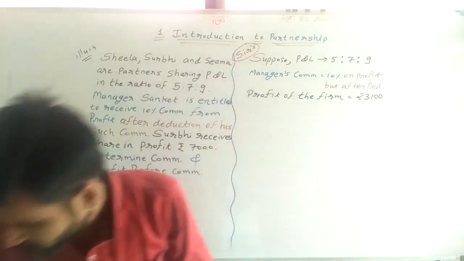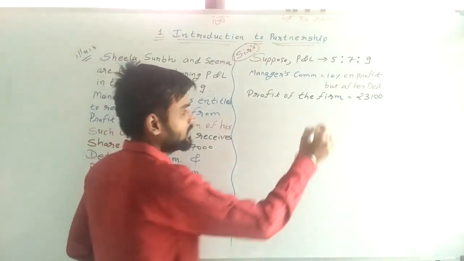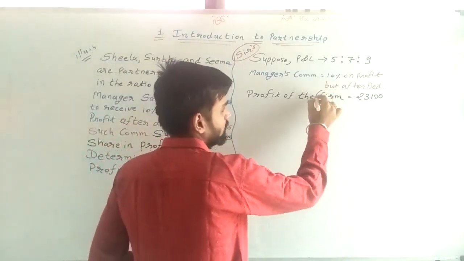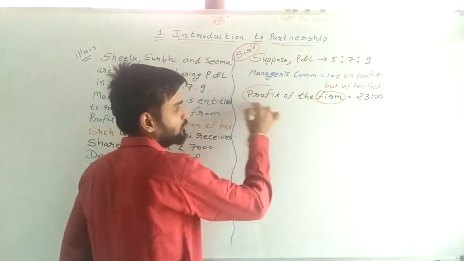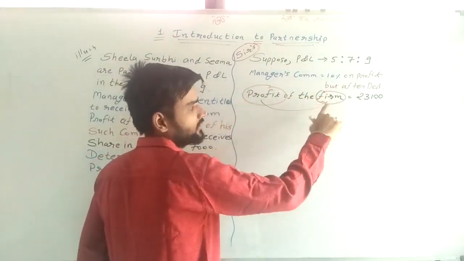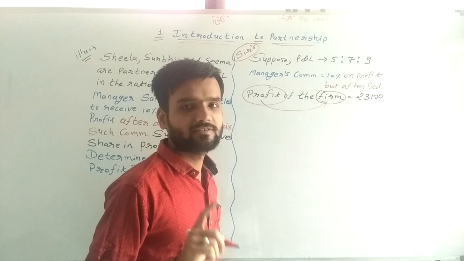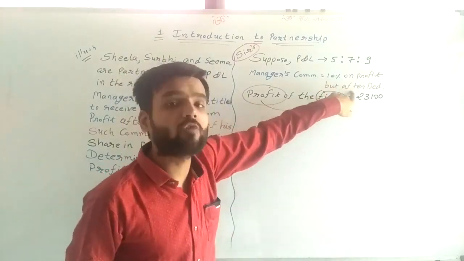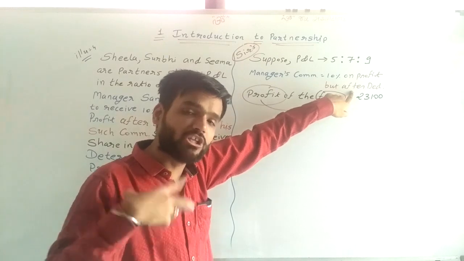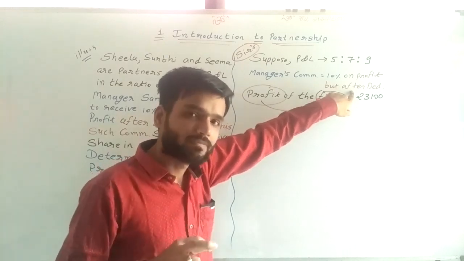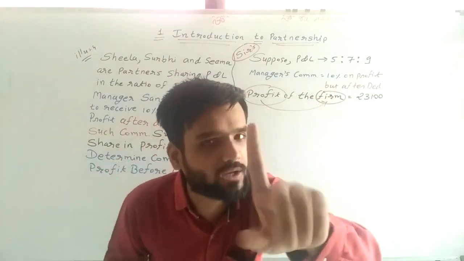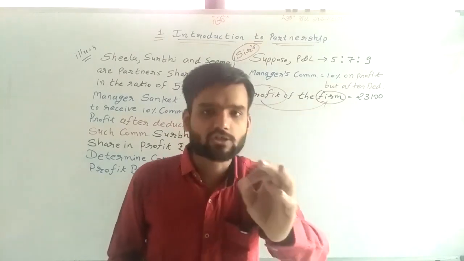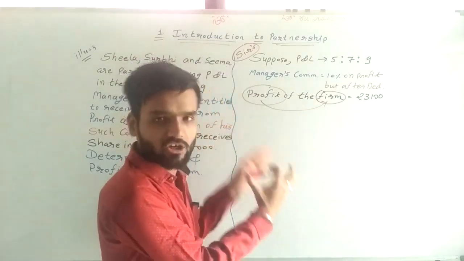Now see, the profit of the firm is given, and after deduction of such commission the percentage needs to be found. So use the first formula. First of all I am writing the formula.